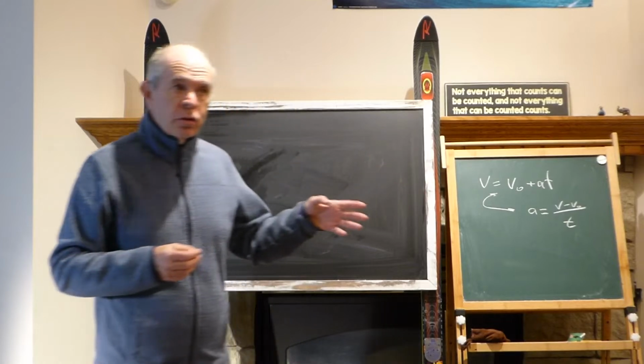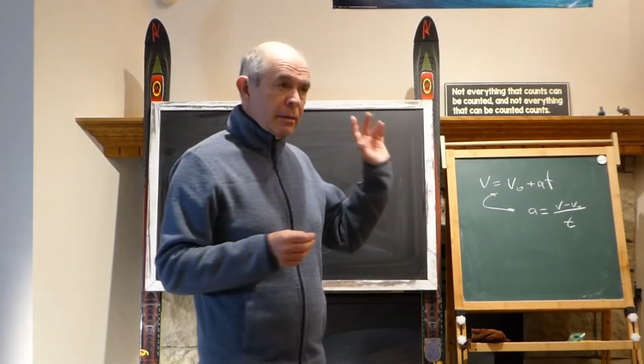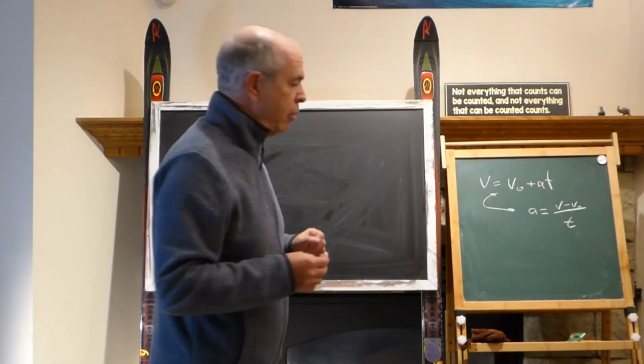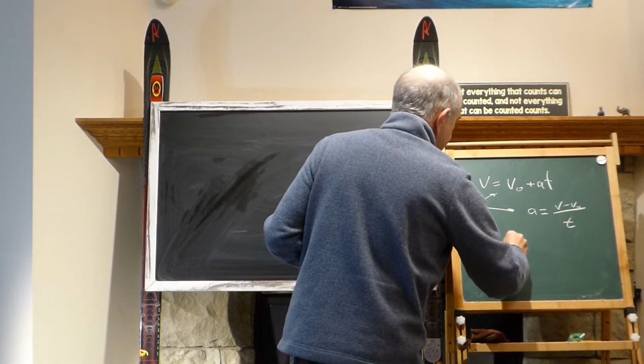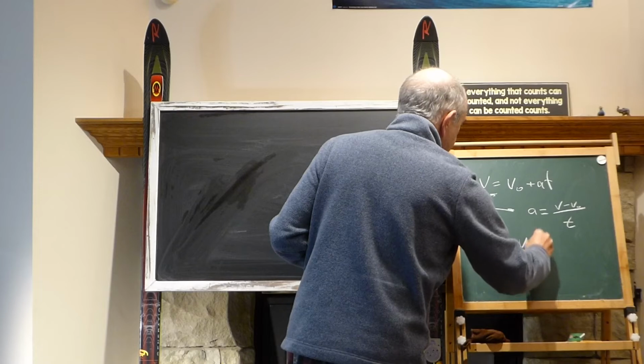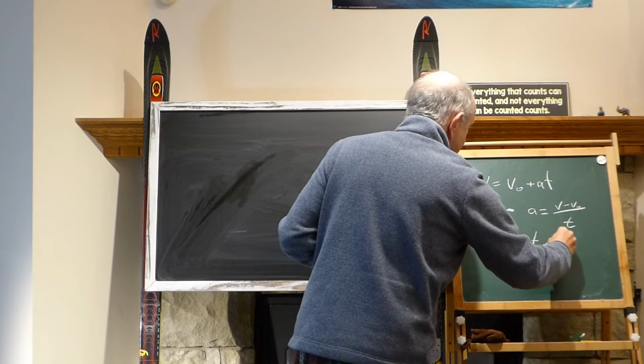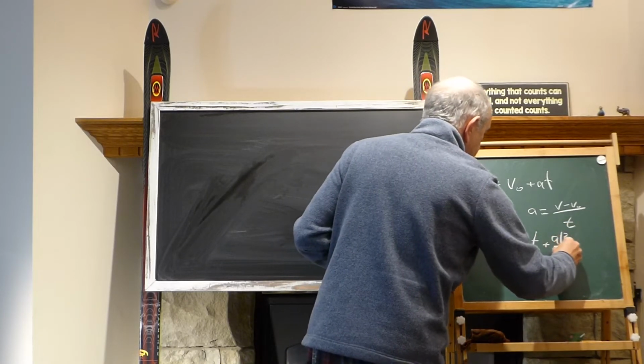And remember, I told you, this is the first thing and the only thing you have to remember, because the distance is V0t plus AT squared divided over 2.